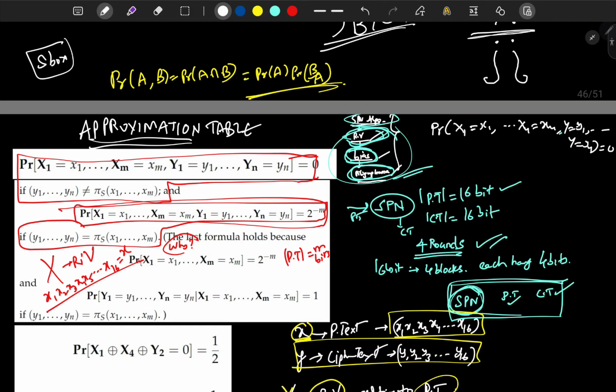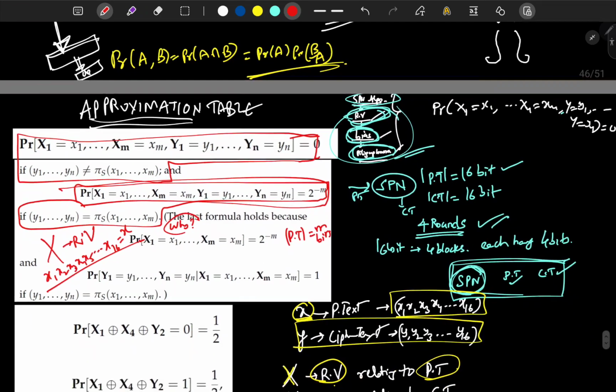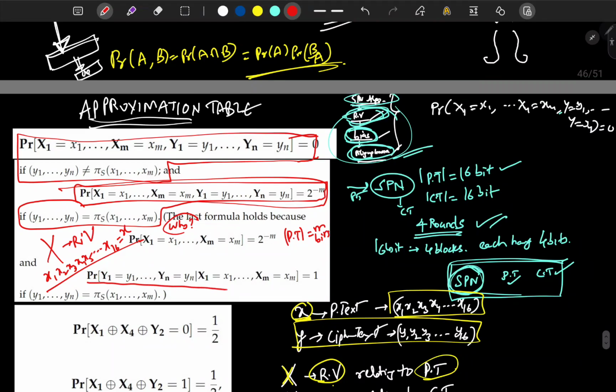The S-box is a fixed function, so if you give a particular input to the S-box, it will definitely generate a definite output, not a probabilistic output. So I am saying this probability equals 1.